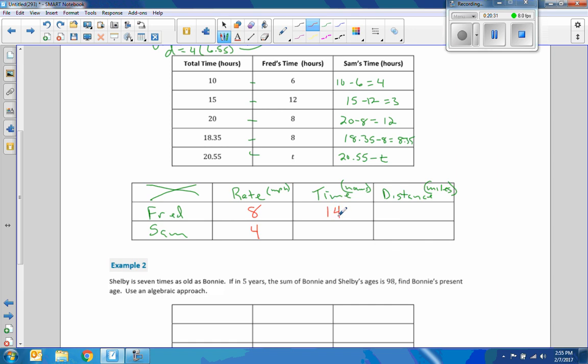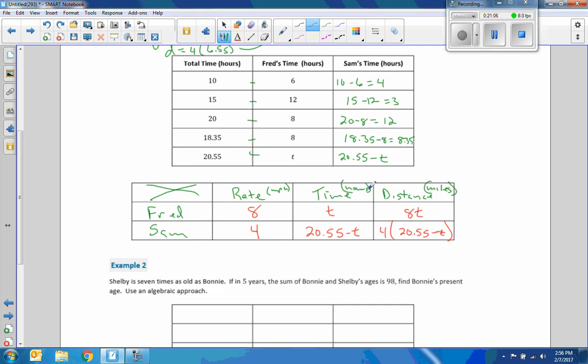Fred took 14. But let's put it in terms of variable first. T, and this is 20.55 minus T. So the distance is rate times time, 8 times T. Rate times time, 4 times 20.55 minus T. Okay, I'm just showing you a different way to do this using a table of values.